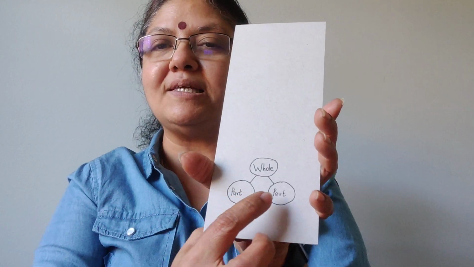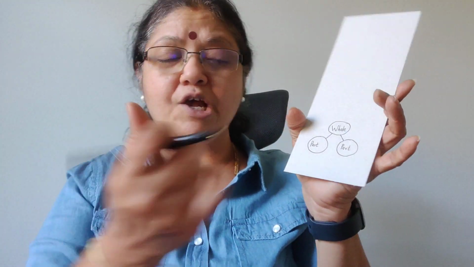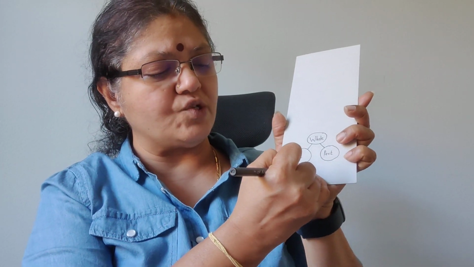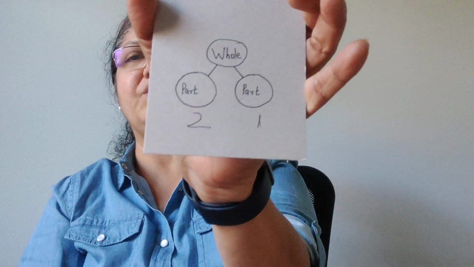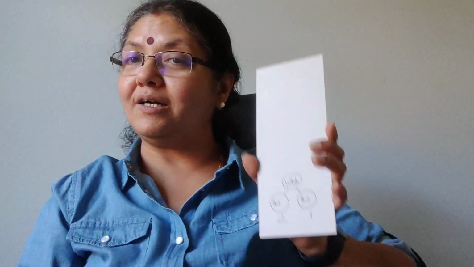So remember, wherever you have the part here, you're going to be representing it by the number of coasters you are holding. So I had two coasters on one side and I had one coaster on the other side. Now together, 2 and 1, how many do they make? So let's count for those of you who have a problem in counting. So we have 2 on this side and 1.